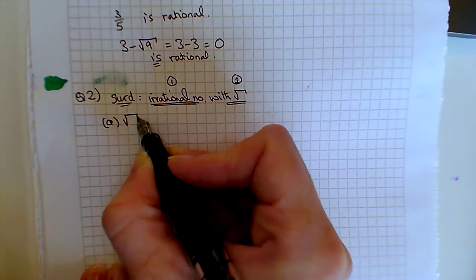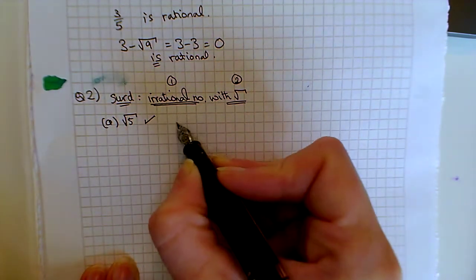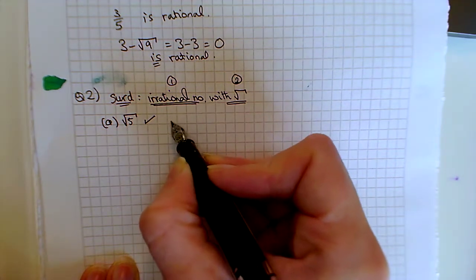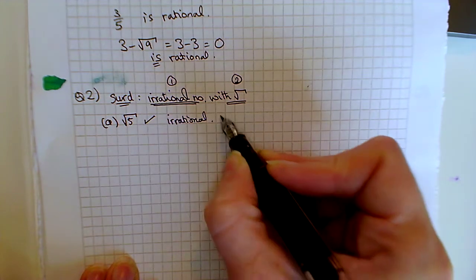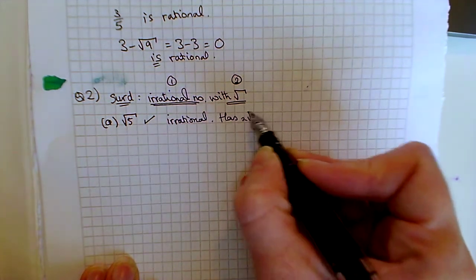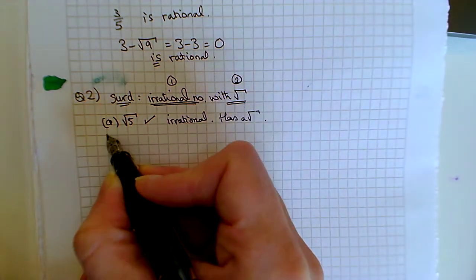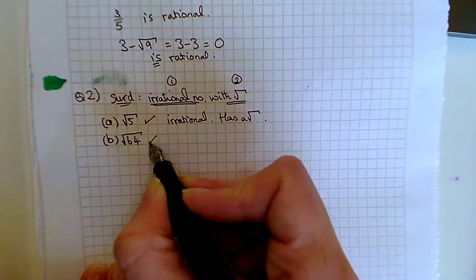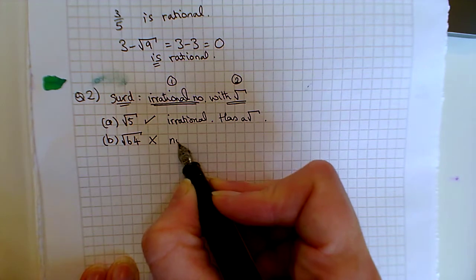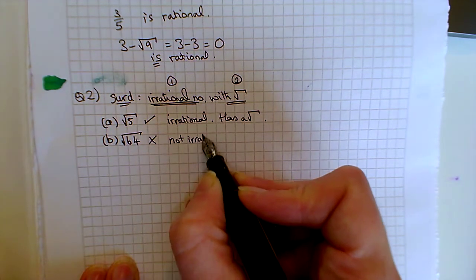The square root of 5 is a surd, and the explanation is just it's irrational and it has a square root sign. Part B, the square root of 64 has a square root sign, but it's not irrational.